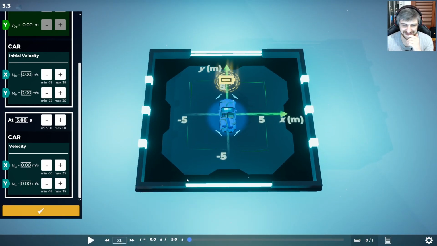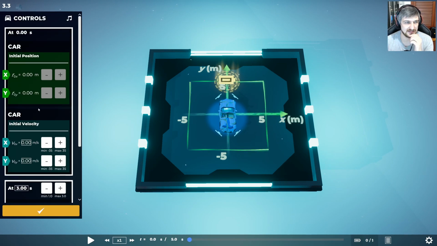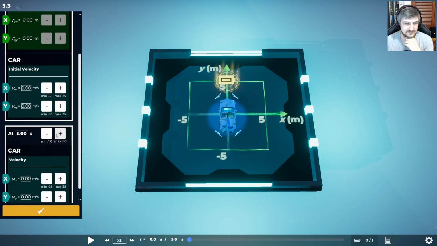We survived? Okay. I feel like we need to change this initial position to be back here. Max 3. One, two, three. Everything is everything.